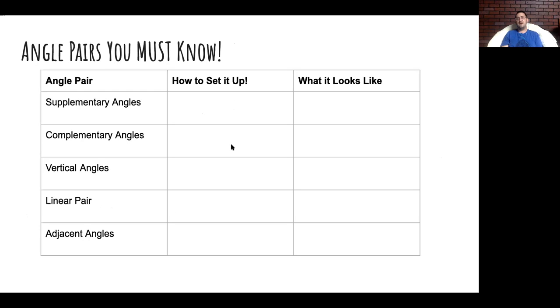All right, so these are the common angle pairs that you're going to see, and I'm going to write down what they look like and how to set it up as well. Supplementary angles are angles that add to 180 degrees.